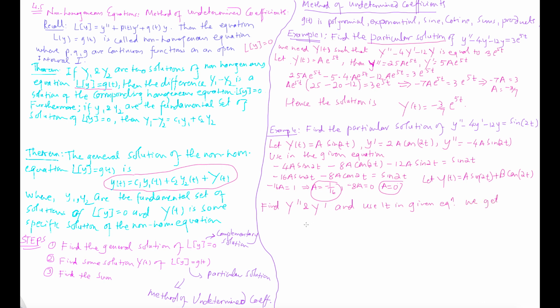We will get negative 8a minus 16b equals 0, and we will get another equation, negative 16a plus 8b equals 0 as well. And if you solve these, you will get a equals negative 1 over 20, and b equals 1 over 40.